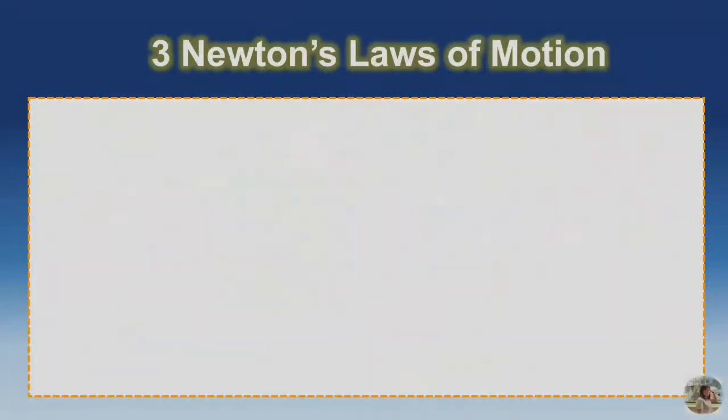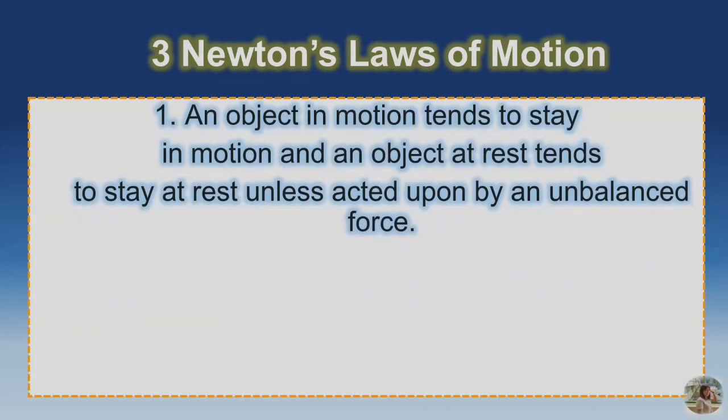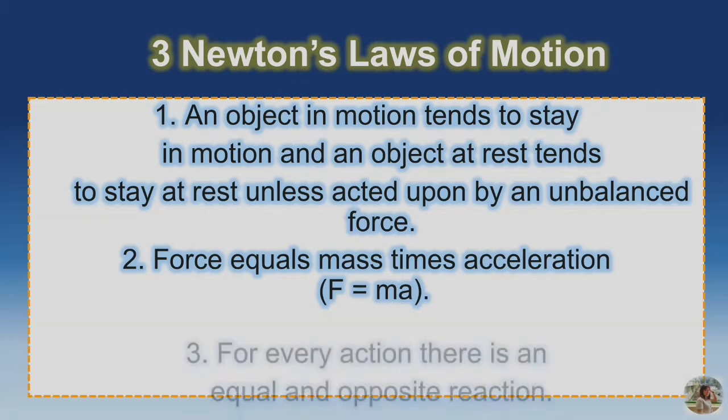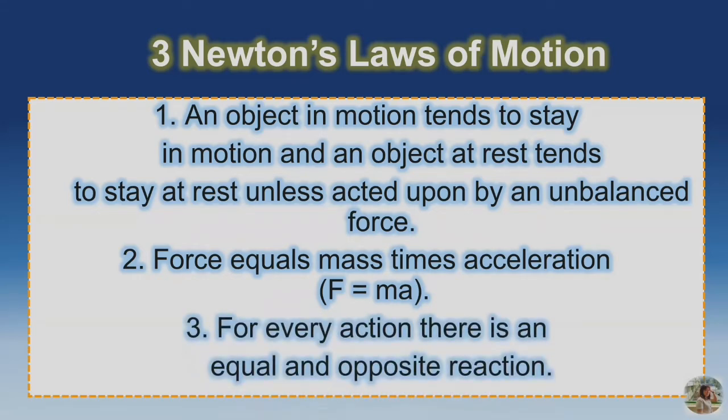The first law describes that an object in motion tends to stay in motion, and an object at rest tends to stay at rest unless acted upon by an unbalanced force. The second law states that force is equal to mass times acceleration. And lastly, for every action, there is an equal and opposite reaction.